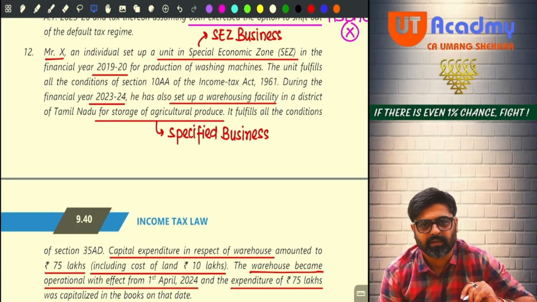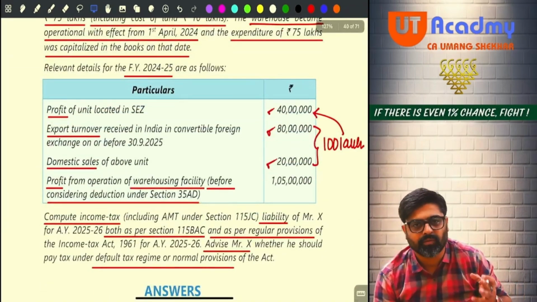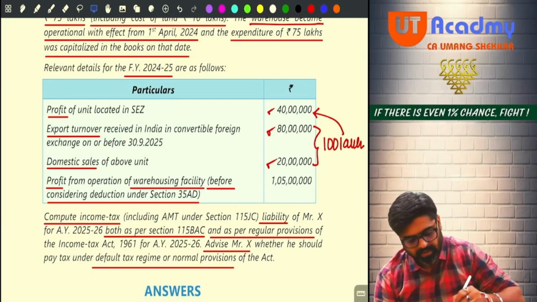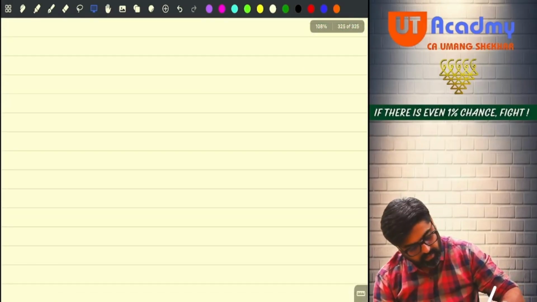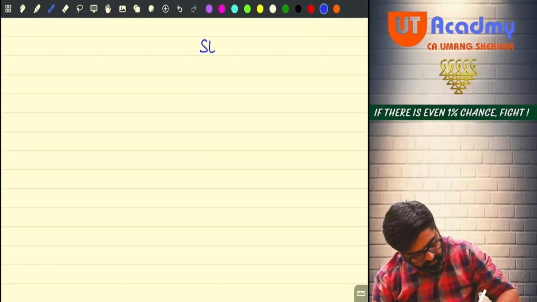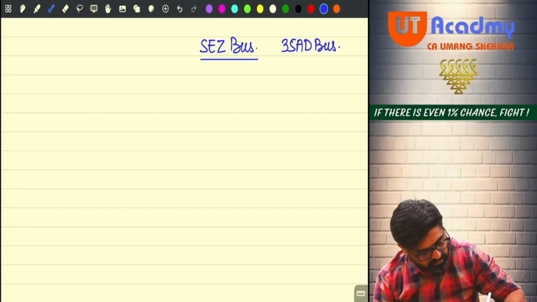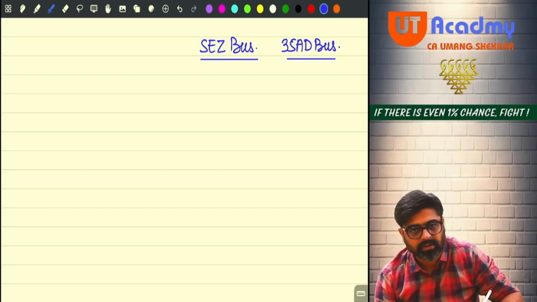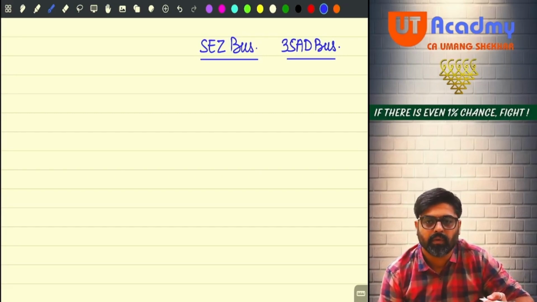Okay. Now pay attention. How many businesses you are having? SEZ business and specified business. Now pay attention. For both these businesses, the profits and all the details are given in the question. If I talk about my SEZ business and my 35 AD business, one business is manufacturing of washing machine and the second one is warehousing facility for storage of agricultural produce.